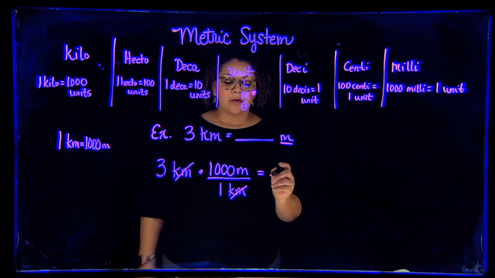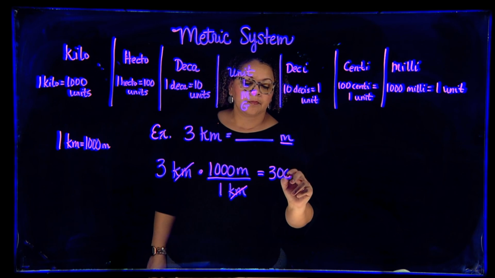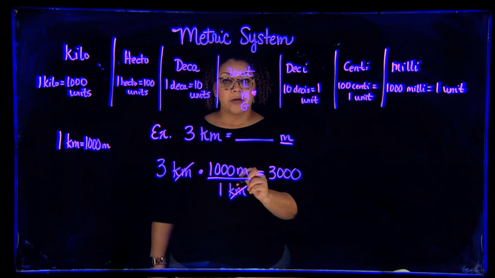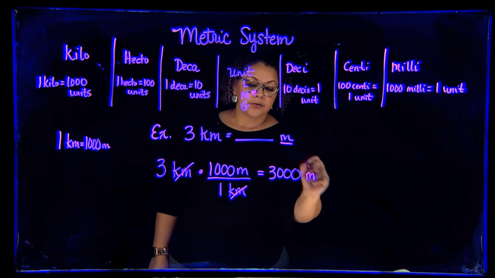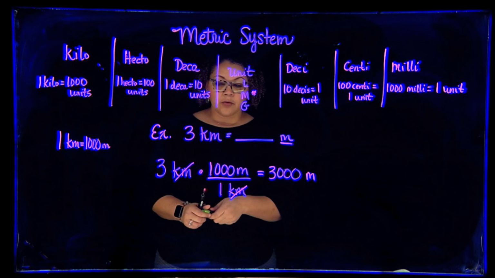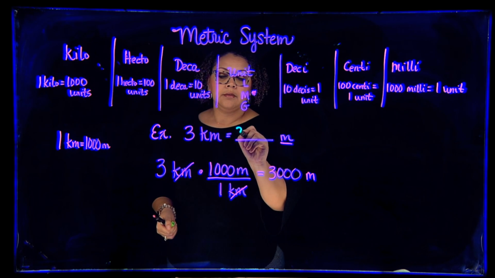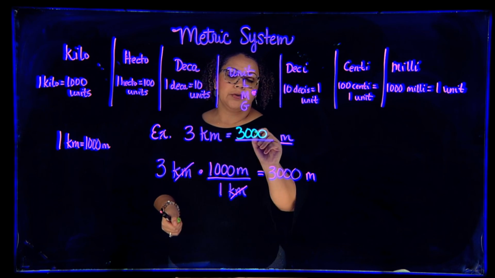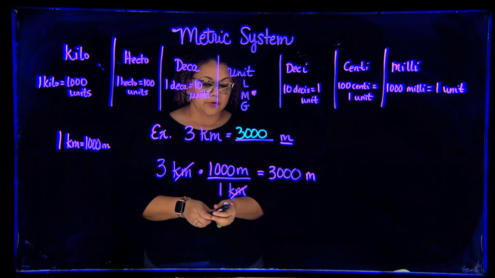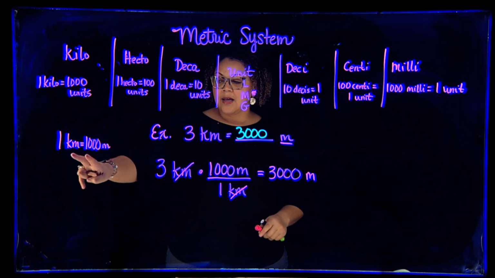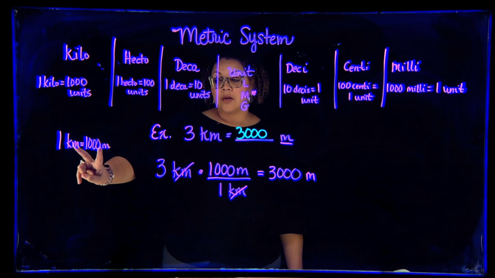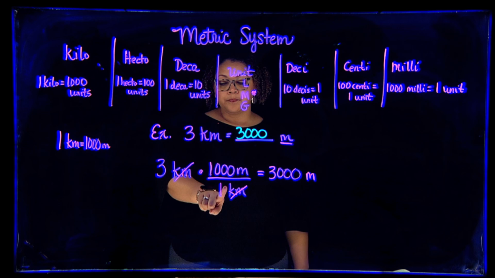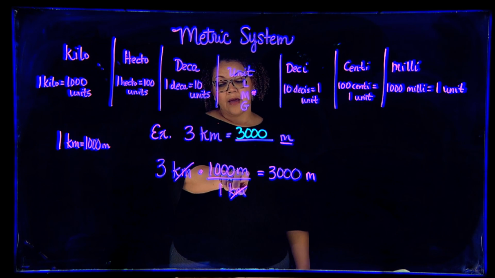3 times 1,000 is 3,000, and the only unit of measurement left in my calculation here is the meters. So there are 3,000 meters in 3 kilometers. So again, when I take a unit conversion, no matter what it is, and write it as a ratio, I want to put in that numerator the desired unit of conversion.